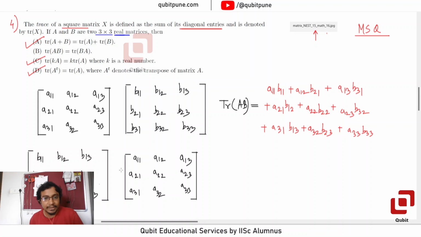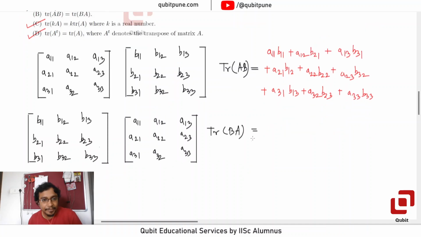Okay, now let's find the trace of BA. What do you think, will it be equal? Check करेंगे, ठीक है, easy है. Now see, just for the sake of ease, what I'll do is I'll first write A and then I'll write B. Okay, so this will still be A11 B11 plus A21 B12 plus A31 B13.